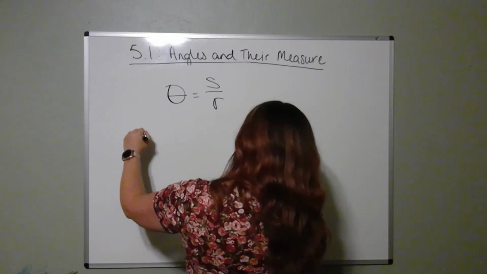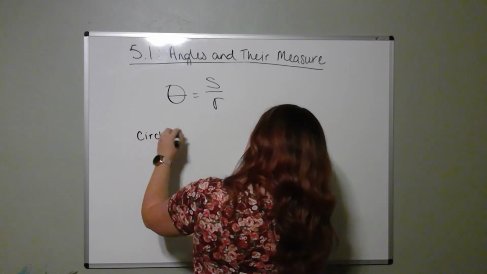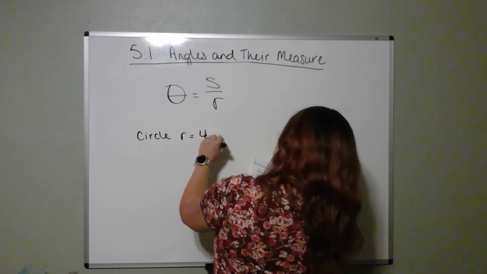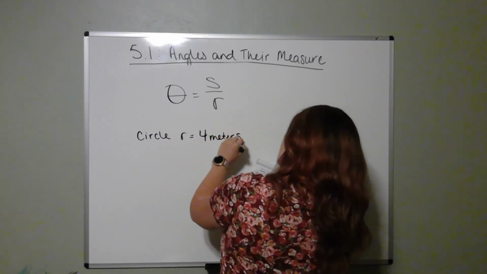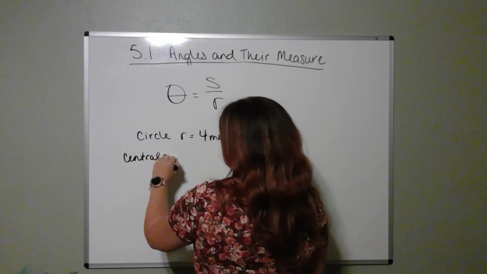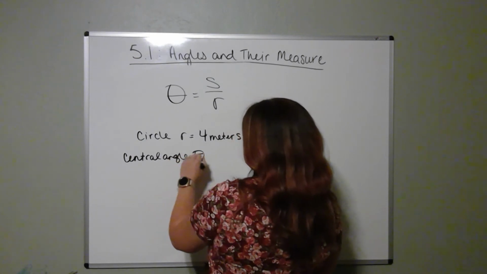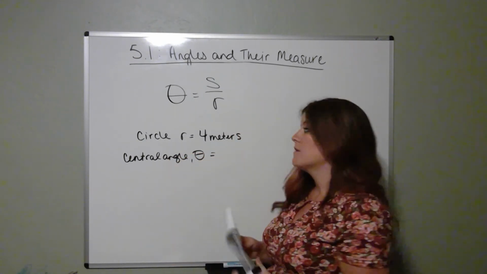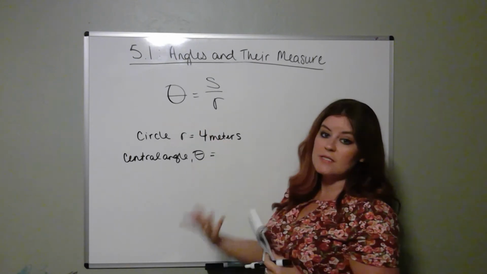In this problem, I have a circle of radius 4 meters. It tells me that there's a central angle called theta, and it gives me the actual measure of that angle. So it's giving me theta, which means that's not what I'm looking for.